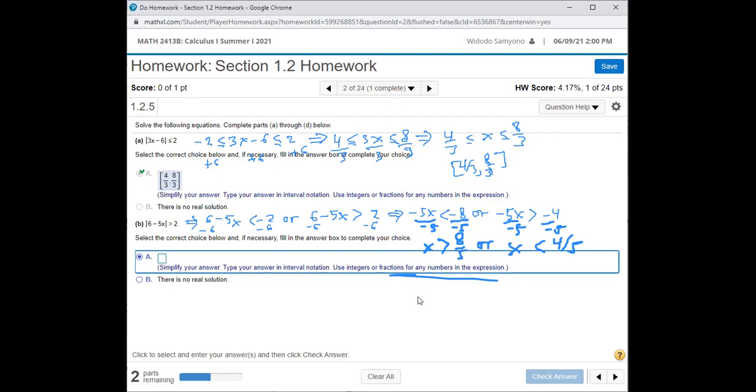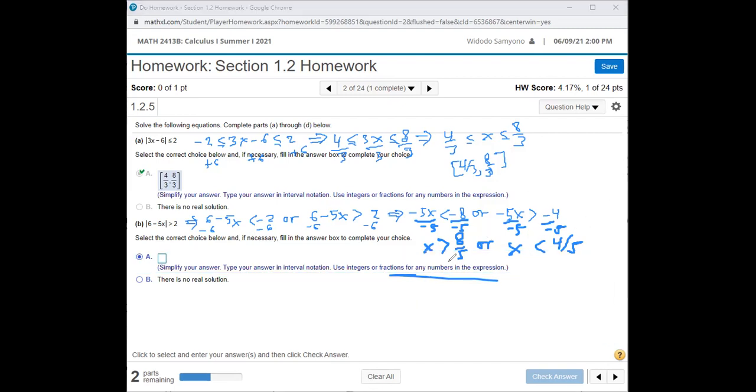So the interval will be, they start with the less than first, right? So the less than first. And remember there is no equal sign here. So that means both of them use the open parenthesis, and you replace the or with the union.